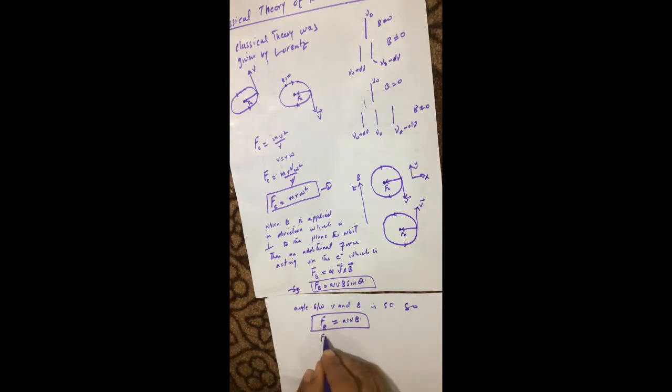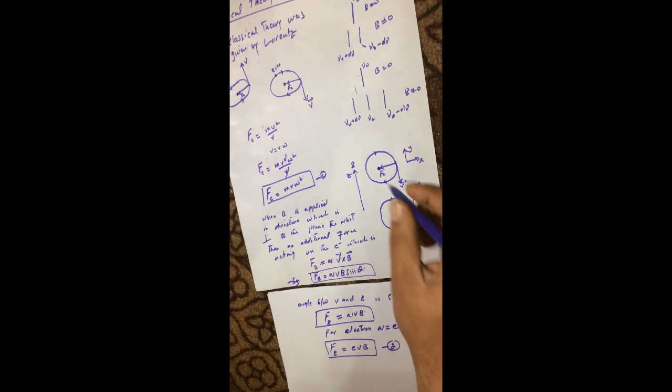But for the electron, Q is replaced by its electronic charge. So we have this force F_B, which is equal to EVB. This is equation number 2.